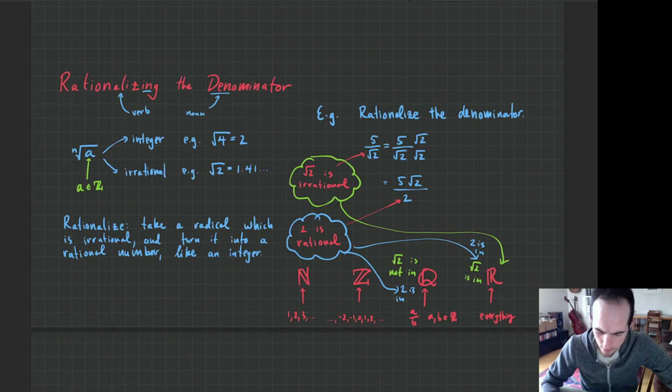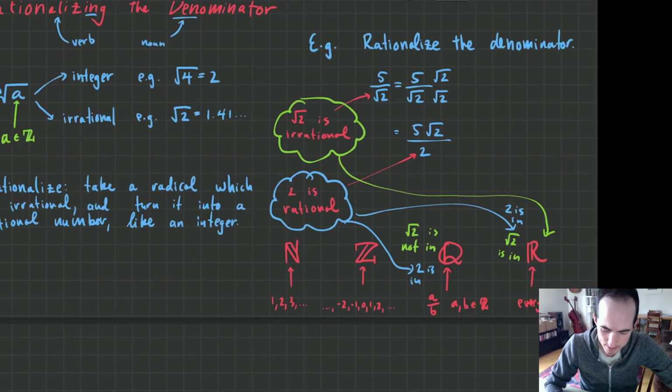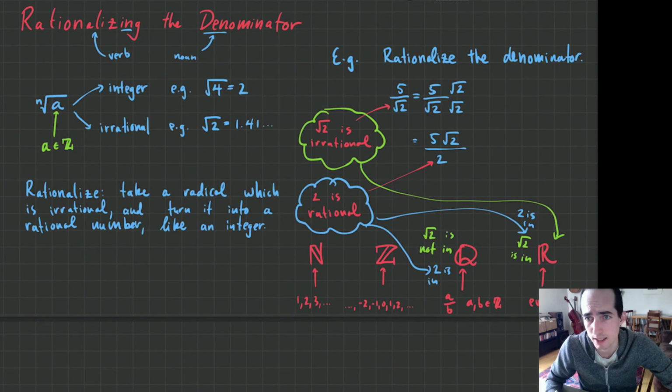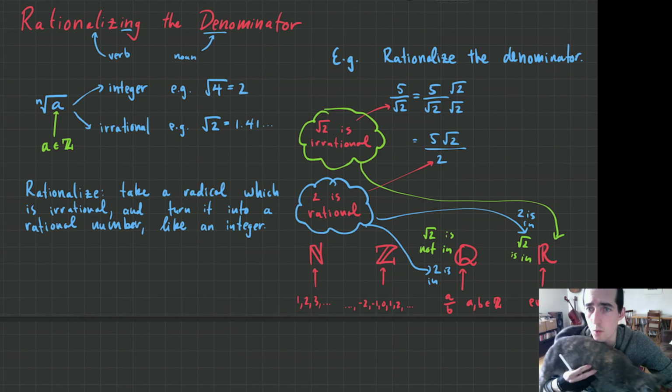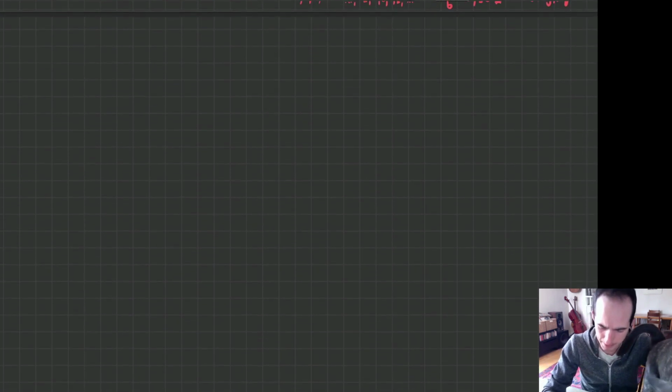Now, let's talk a little bit about why we do this. Why on earth do we do this? Because it seems like it takes a lot of work. It's not a straightforward process, and we'll see in a minute that some of these questions are pretty hard to do. It actually takes a substantial amount of effort to rationalize the denominator. So why do we go through all the trouble to do that? So here's my motivation.